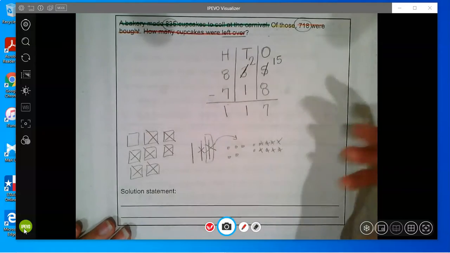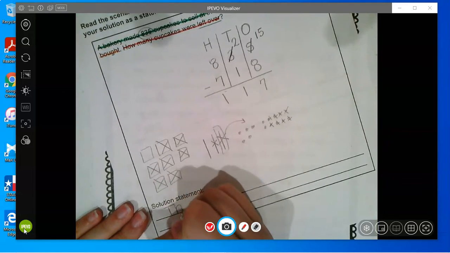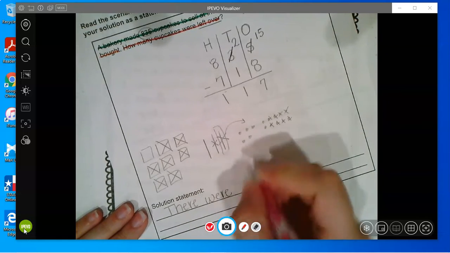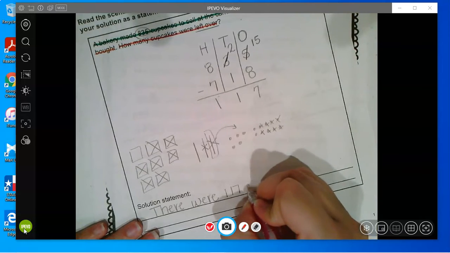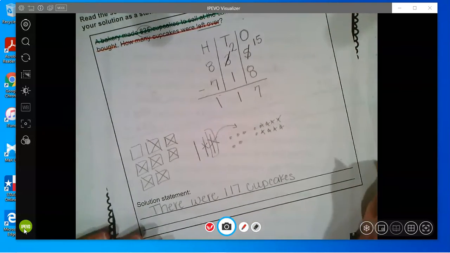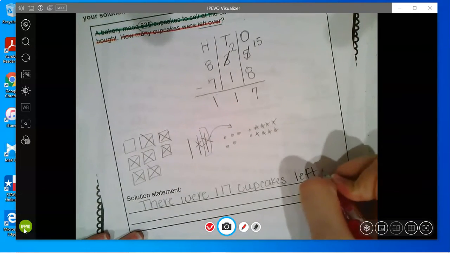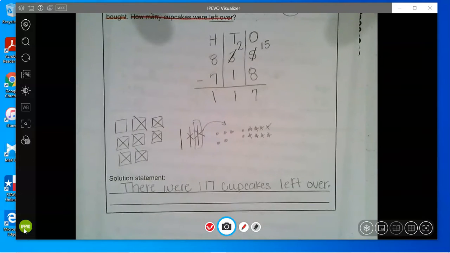So my solution statement would read, there were 117 cupcakes, because we have to know what they're selling, left over. Okay, so my solution statement, guys, is putting my answer into a sentence, a statement.